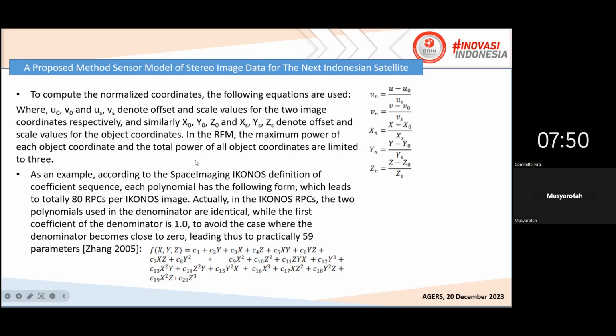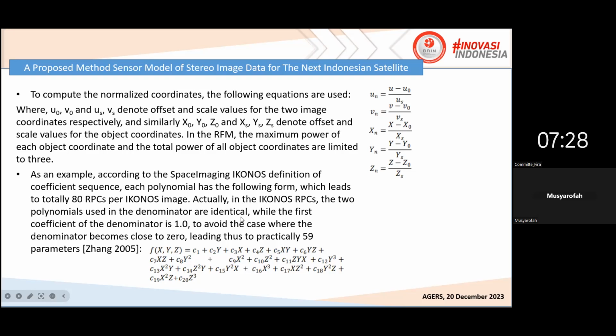In the RFM, the maximum power of each object coordinate and the total power of all object coordinates are limited to 3. For example, based on the literature we read, according to the definition of coefficients, each polynomial has the following form, which leads to a total of 80 RPC per image.